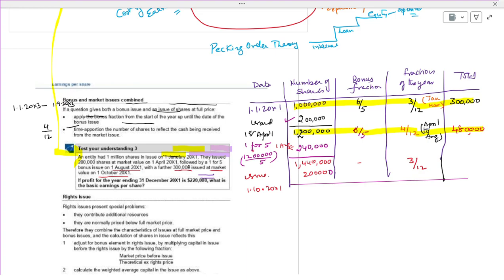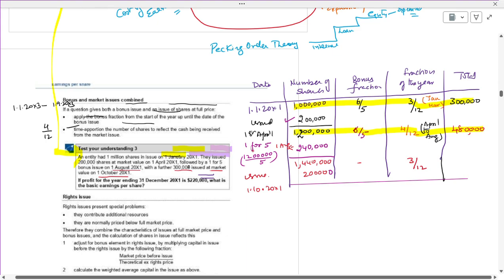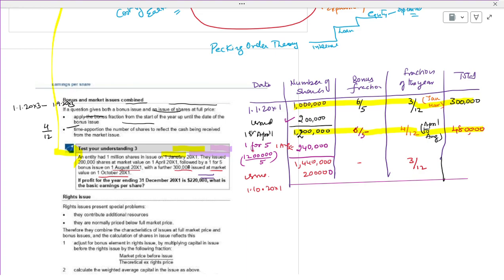The people who joined on 1st April, that is the 240 shares, are eligible only for the 4 months, April, May, June and July. And the people from the beginning have 3 months and 4 months.